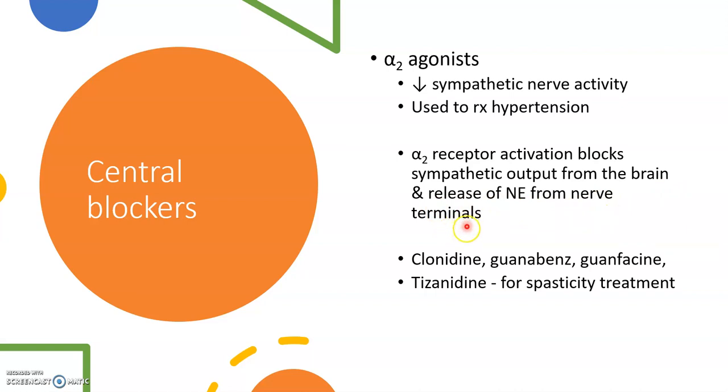So these drugs, even though they are actually agonists, their action is like an antagonist. Their effects are considered antagonistic to the effects of sympathetic activity. So they block sympathetic output from the brain and also block the release of norepinephrine from the nerve terminals.